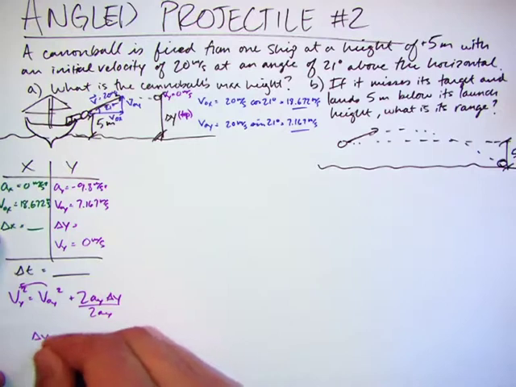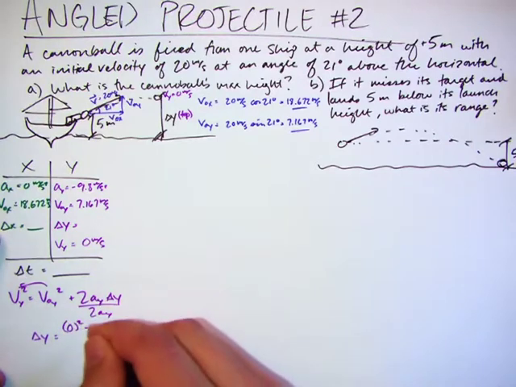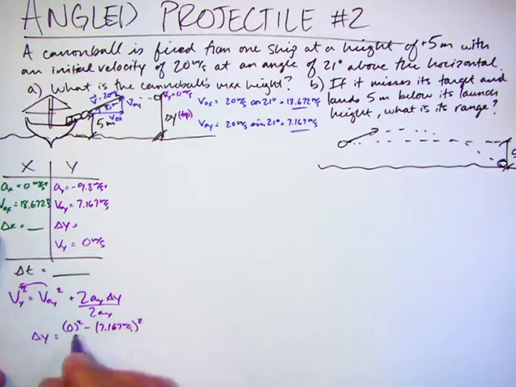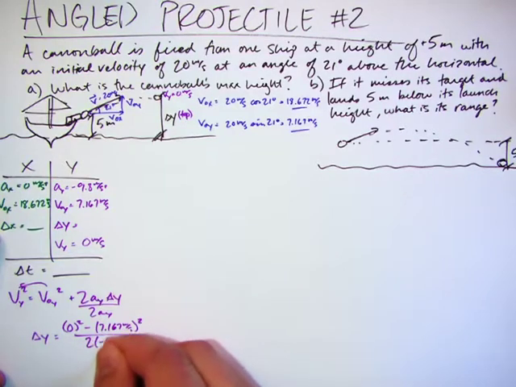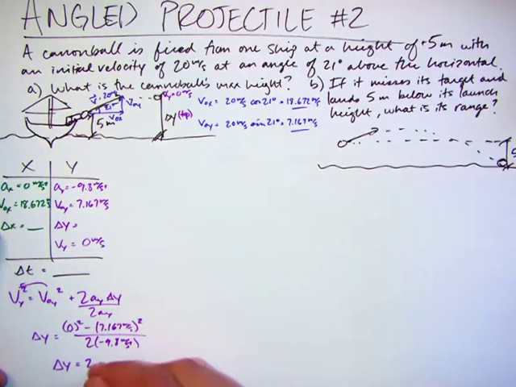Get delta y is my final velocity squared minus my initial velocity squared over 2 times my acceleration. And if I calculate that out, I get delta y is 2.621 meters.